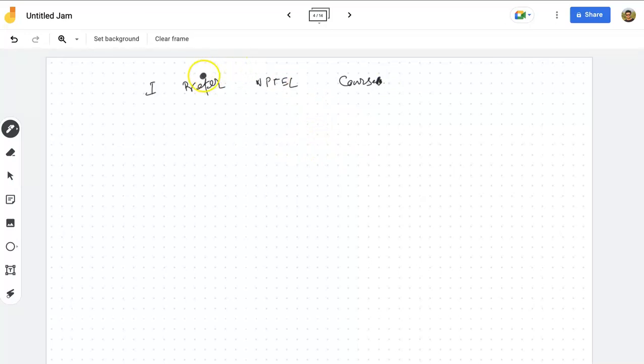Basically this is related to this, and this course is related to this. So this is the structure. This is the subject, this is the object, this is the noun modifier.